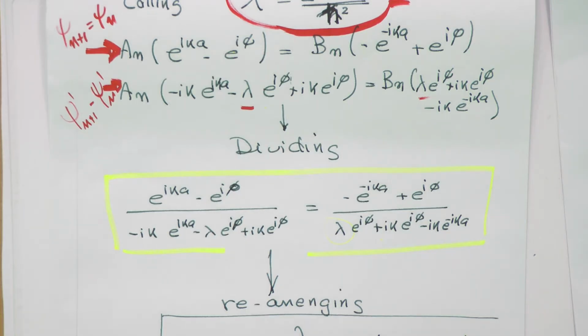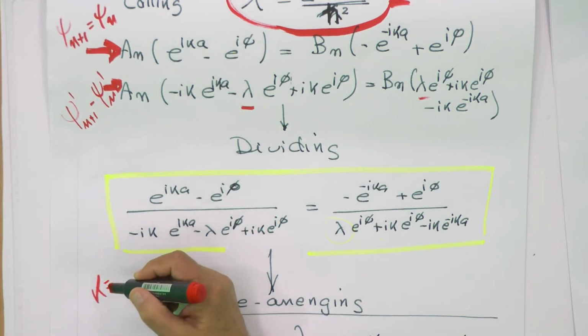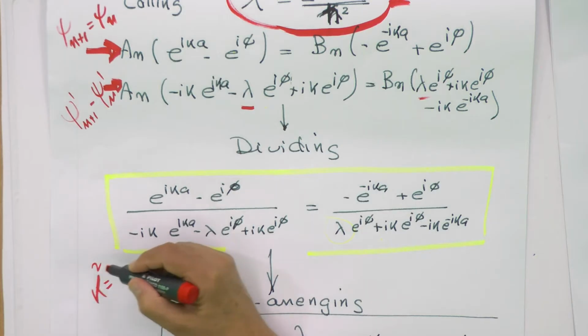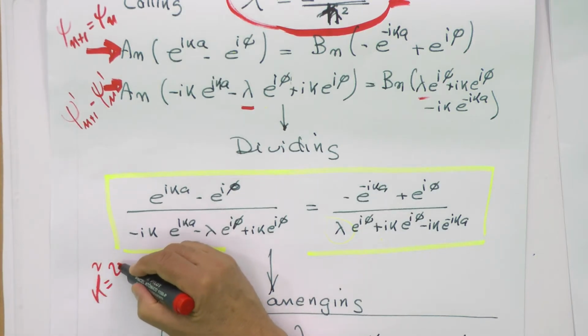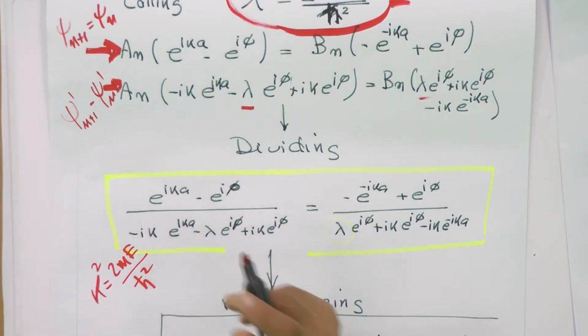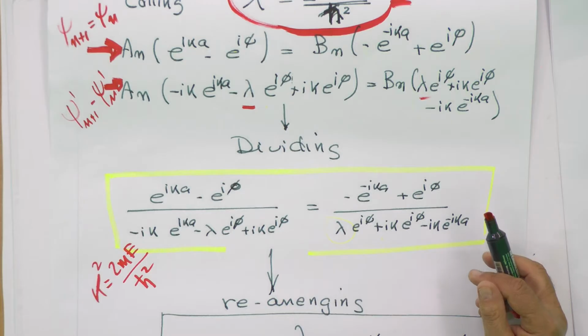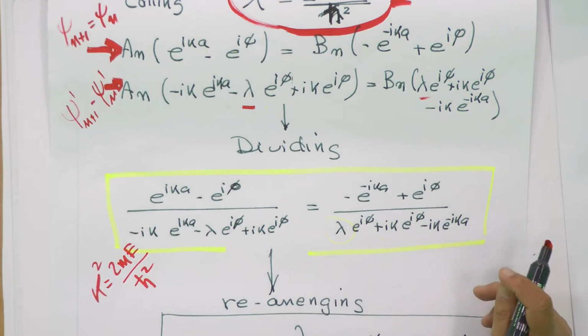And k is the energy, of course. Remember that k for us, if you recall, is k squared equal to mE divided by h bar squared. That's the k. So k is the energy here, somehow, right?